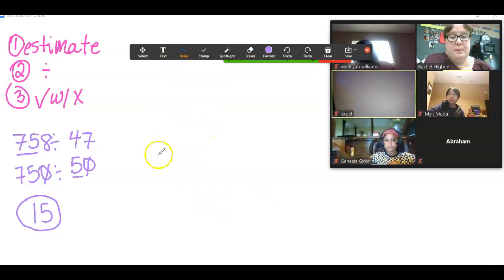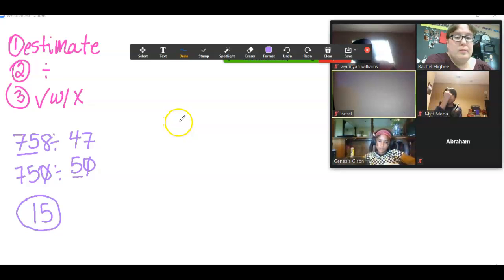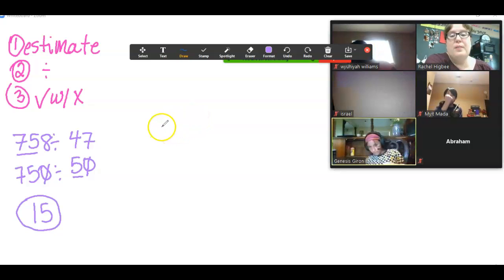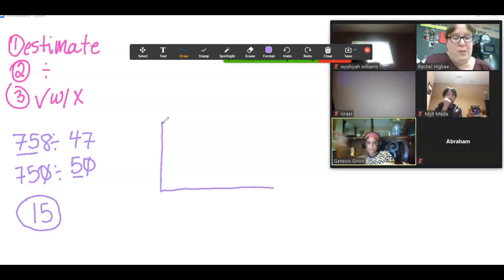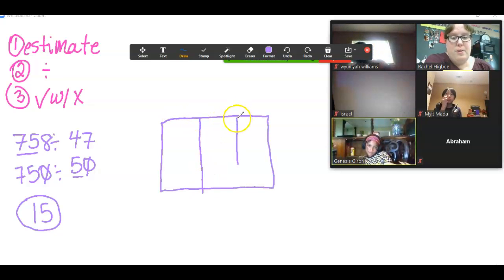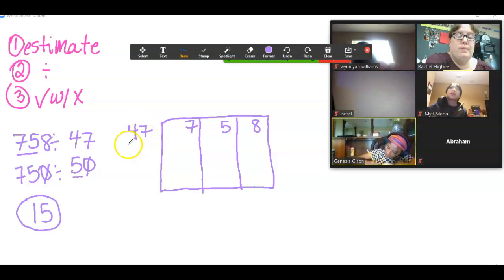And what do we do next? Okay, we're going to draw the box. All right, and so this time I have 758 divided by 47. Now, do you know your 47s?